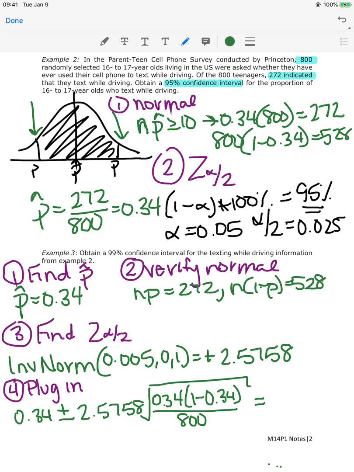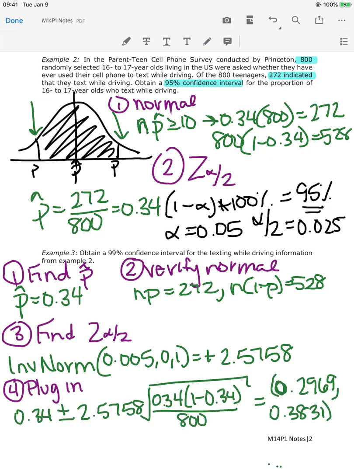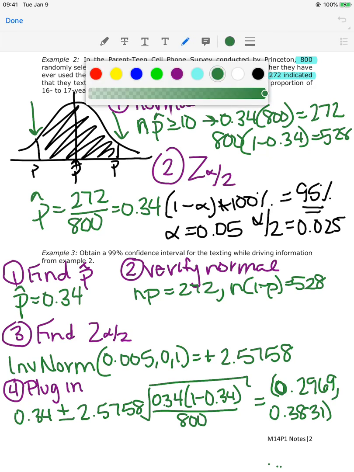All right, here we go. So I get what's called my lower bound is 0.2969, and my upper bound is 0.3831. So those are the values that I believe the population proportion is in between.